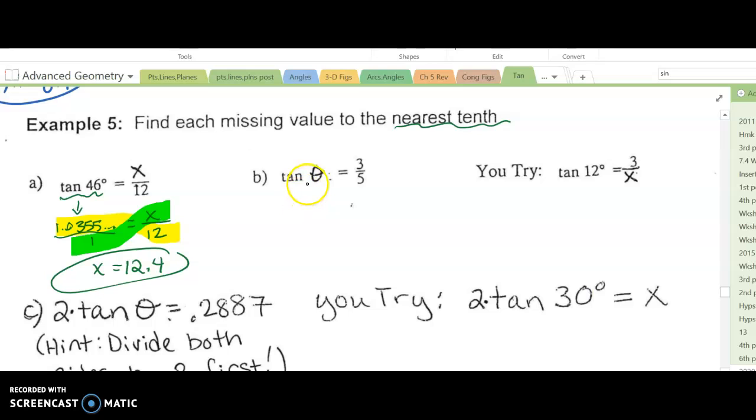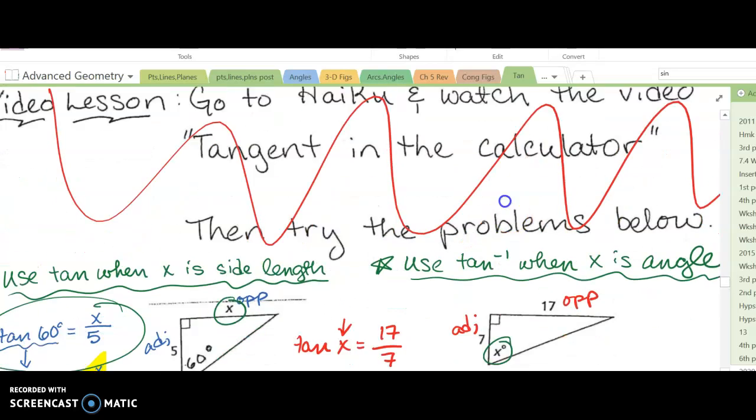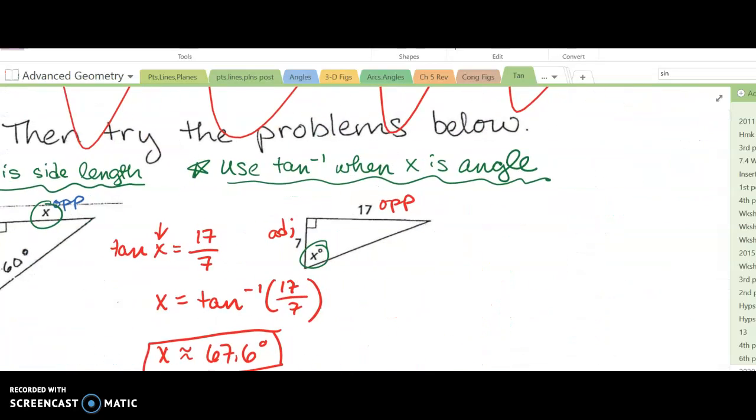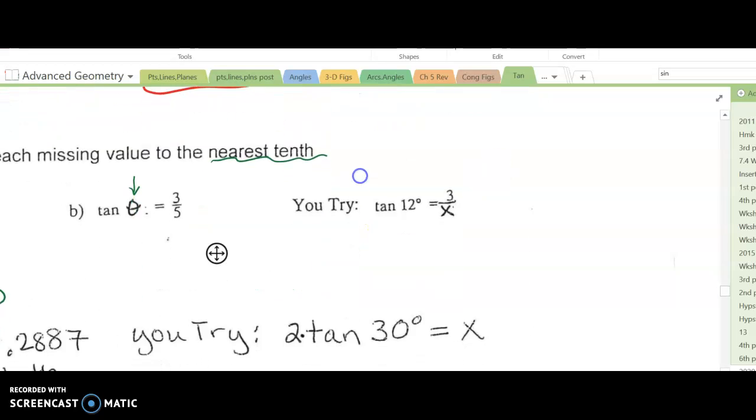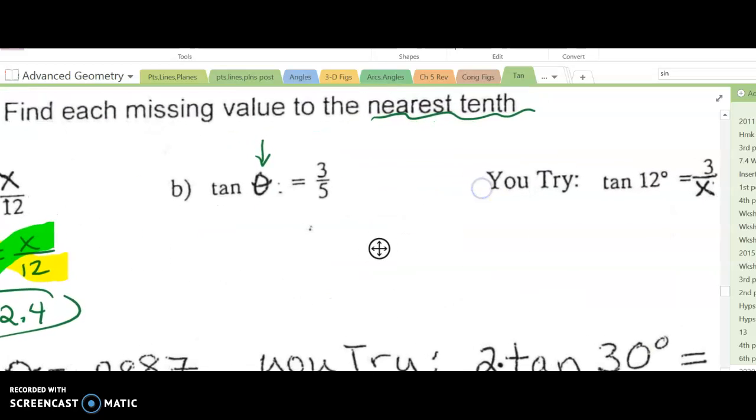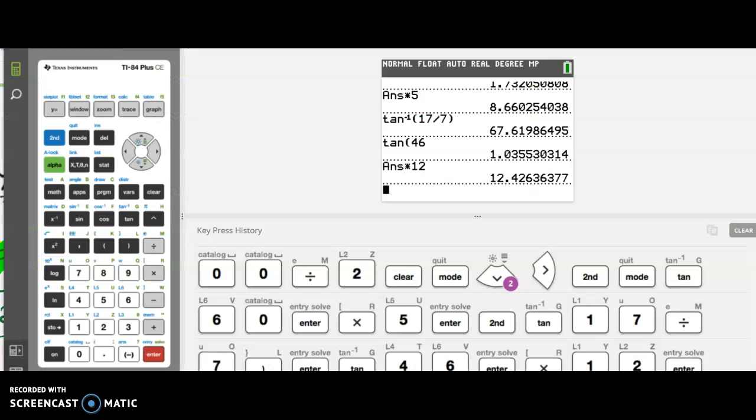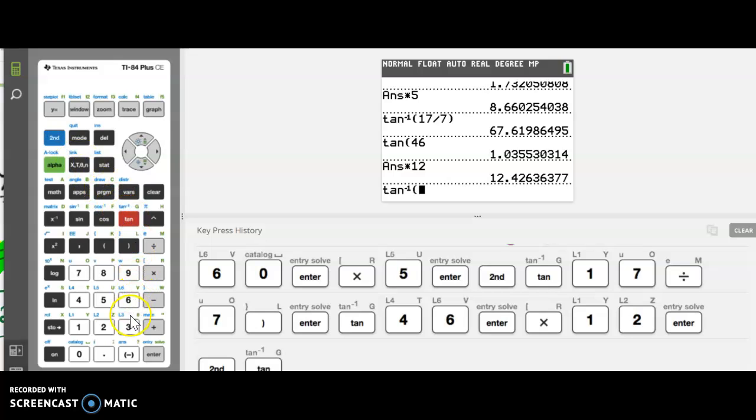Okay, so in this next one, there's that theta again for our variable. So when our angle is a variable, we said we use tan inverse. So this time you can go straight to your calculator, and we're going to do second tangent button, 3 divided by 5.